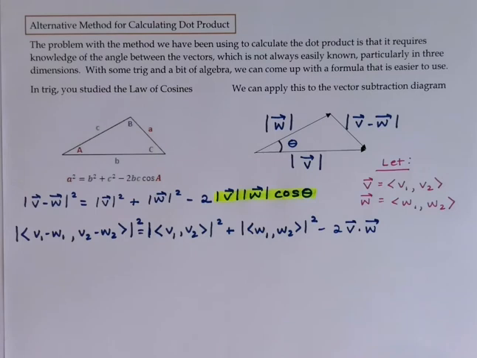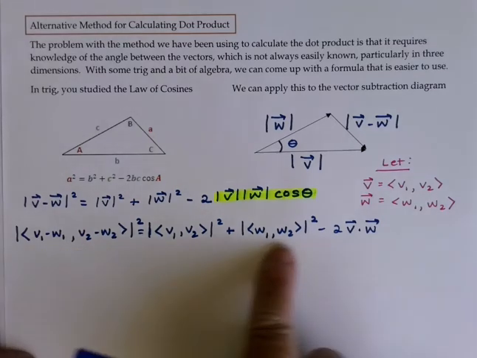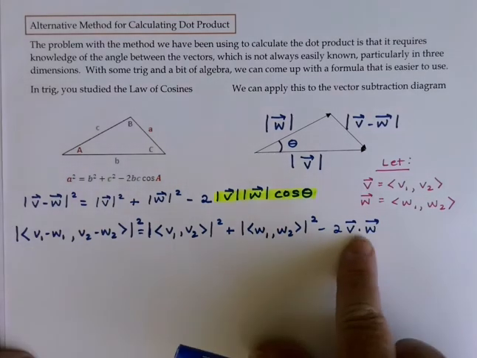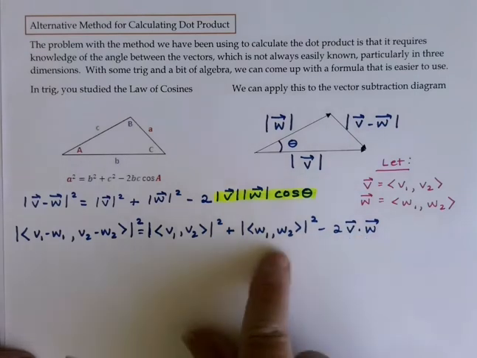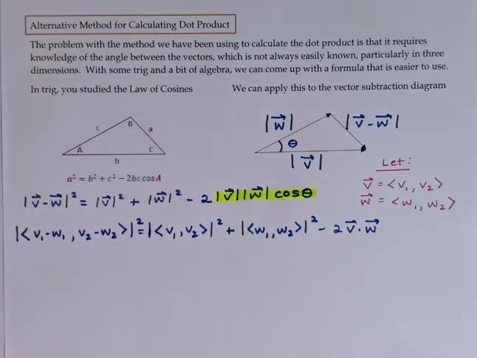Remember that my goal right now is to figure out a formula for the dot product that doesn't depend on the angle theta. And I'm looking pretty good here. We could solve for this dot product, and the angle theta isn't mentioned anywhere. So we're on our way to finding a nice formula that doesn't require that I know the angle. We're a little ways away from there. We're a few algebra steps away from there.